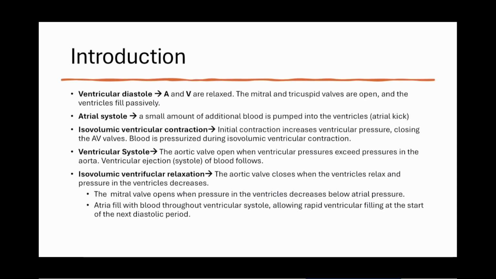So during ventricular diastole, the heart is relaxed, mitral and tricuspid valves are open, and the ventricles fill passively. Then we get atrial systole. A small amount of additional blood is pumped into the ventricles, also known as an atrial kick. The atria squeeze and do provide some filling of the ventricles, more at exercise than at rest. At rest, it's all just passive filling.